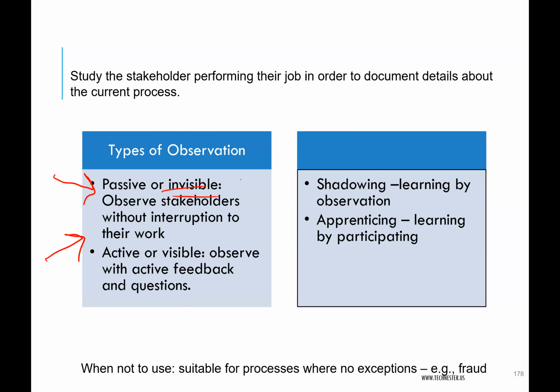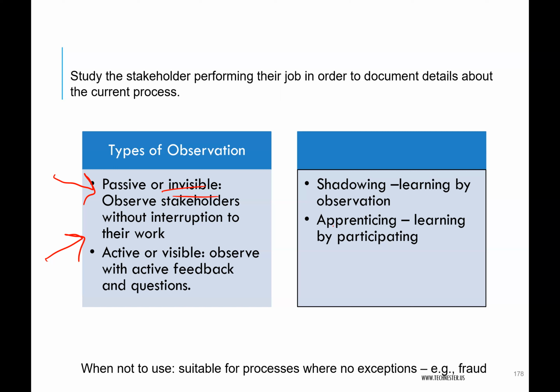Okay. So one type of active observation will be apprenticing, where you become an apprentice or an intern in an organization to see how they are doing a particular set of tasks or conducting some activities. And you can take note that way.